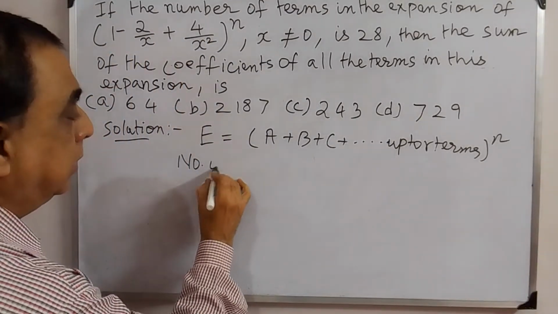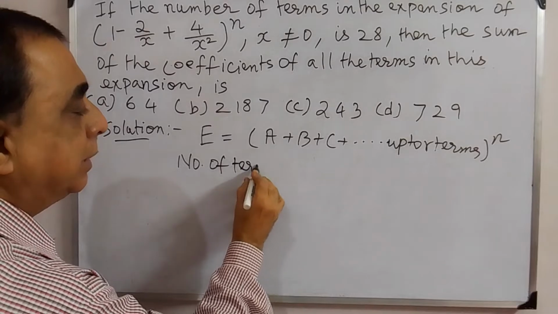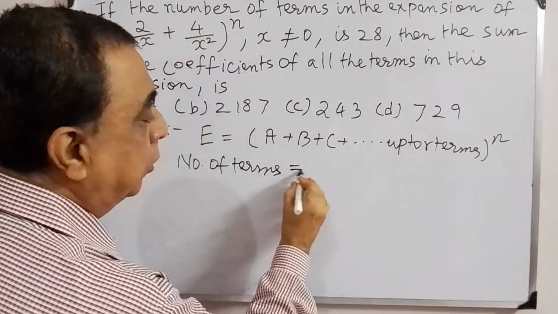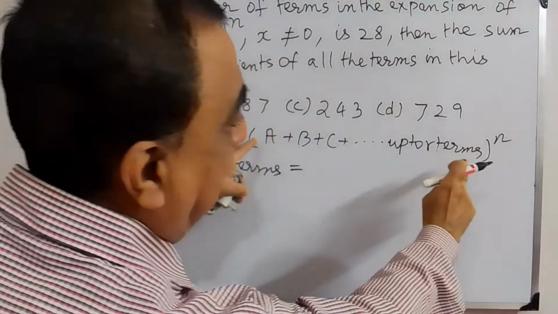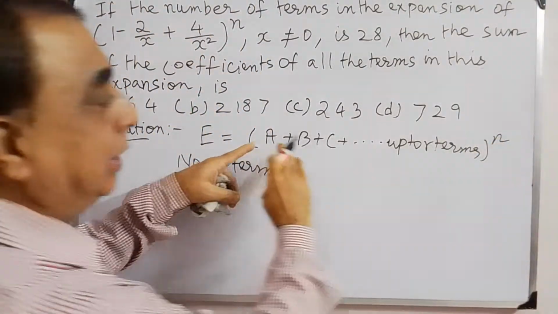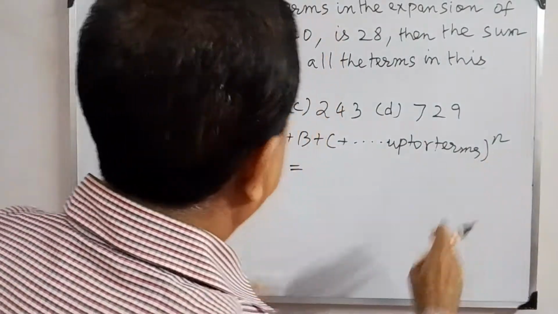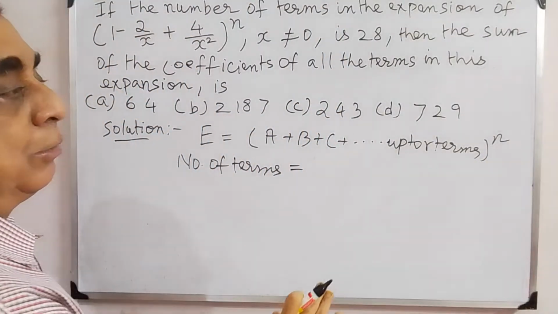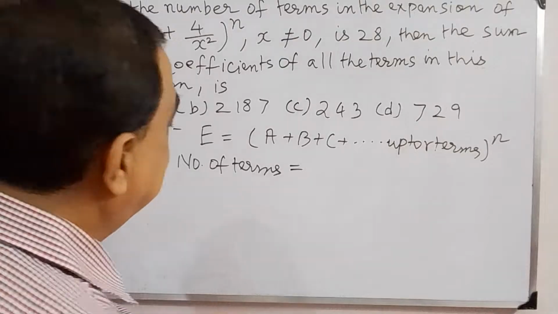So the number of terms in this expansion, if there are r terms in the bracket and it is raised to the power n, on expanding this, how many terms will there be? There is a formula for that.